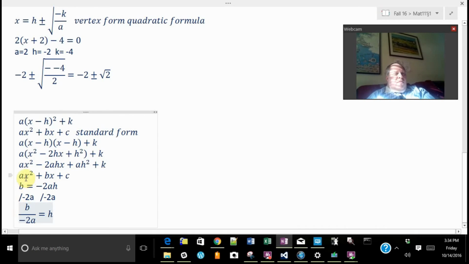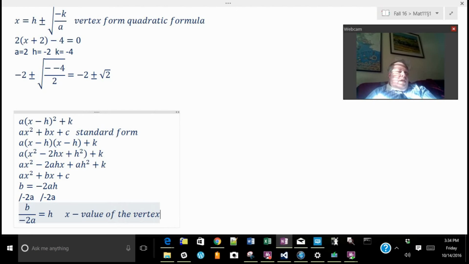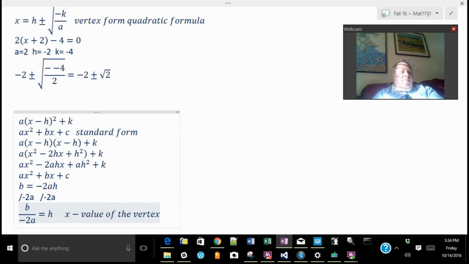Basically, if we have a quadratic, ax squared plus bx plus c, and we want to find h, that's the x value of the vertex, b over minus 2a.